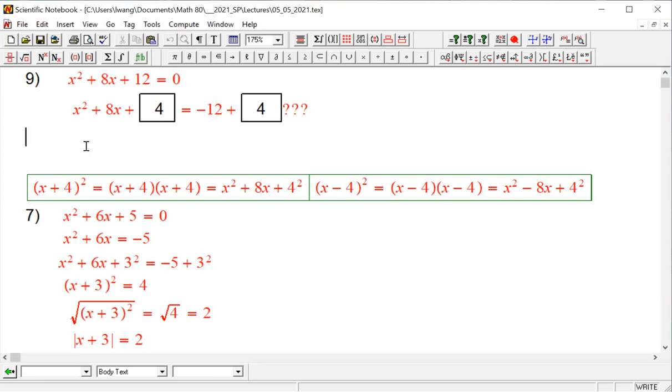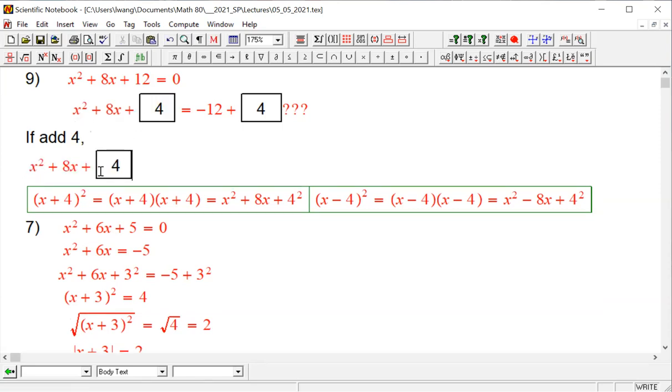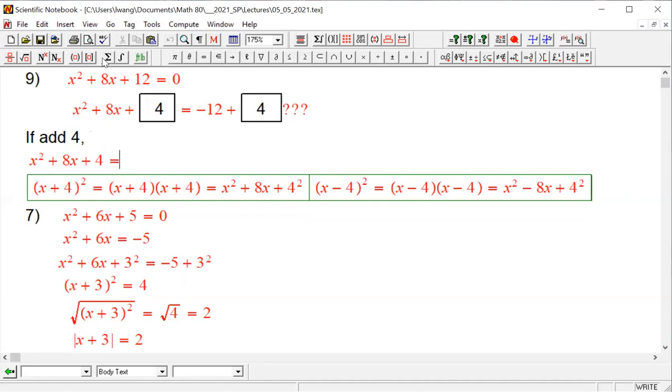If you add 4, we meant that this is going to make a perfect square. We add a 4, and this is going to make that perfect square. And what is that perfect square? X plus what squared?